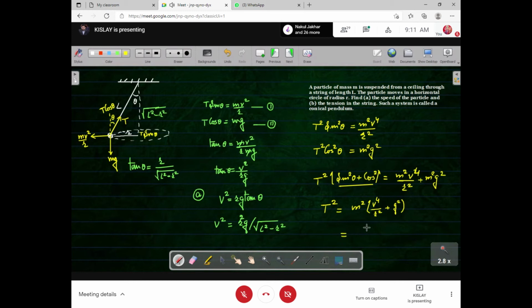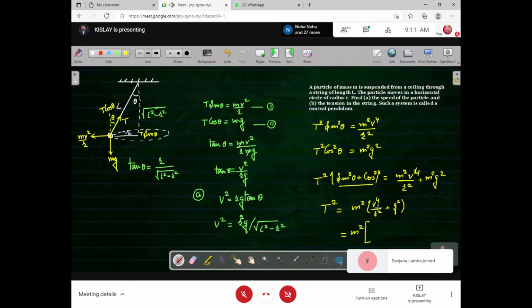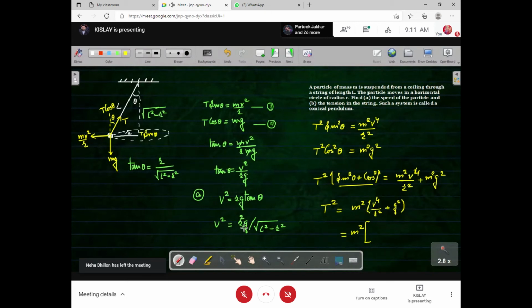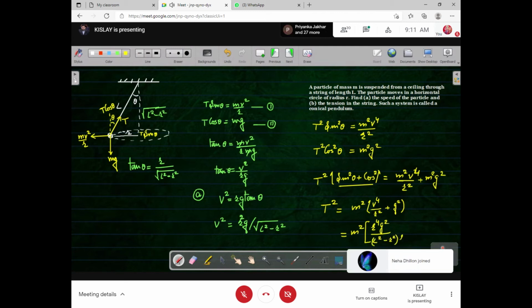Then you can find m square, and if we want to put the value of v square here, it will be the square of this, meaning r to the power 4 z square, upon L square minus r square, and one r is already here, that is r square plus z square.